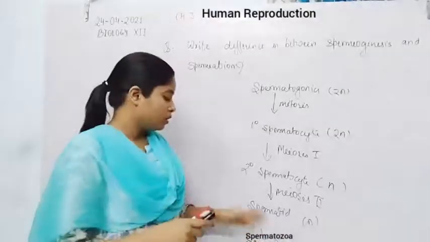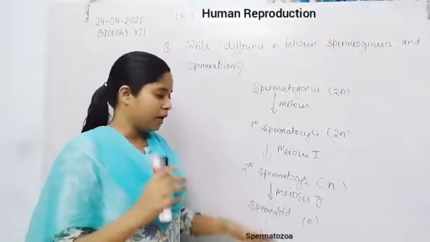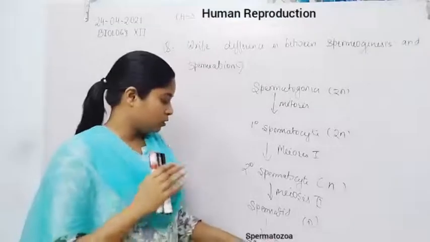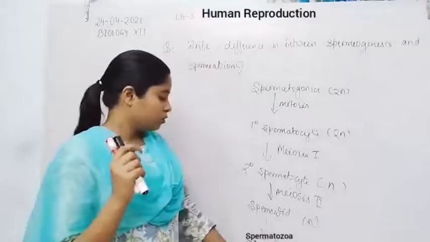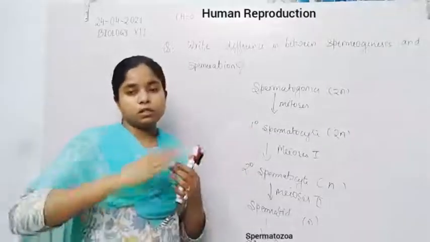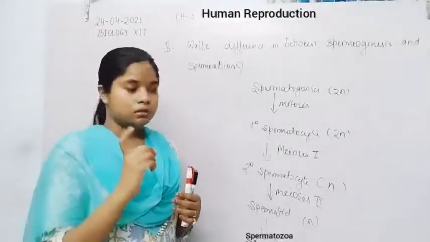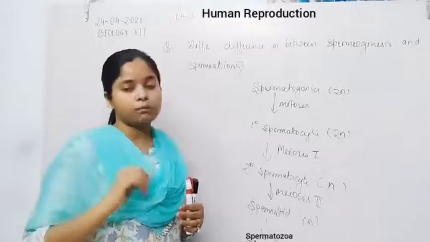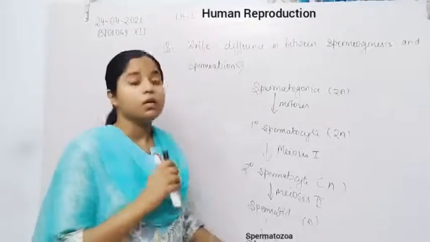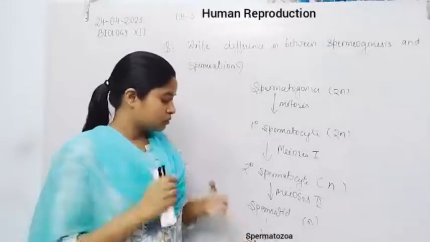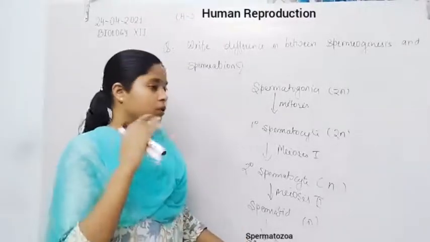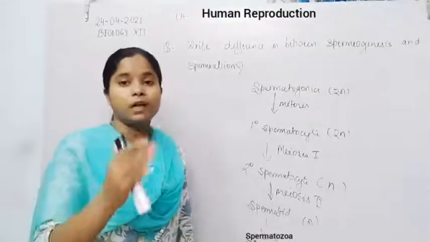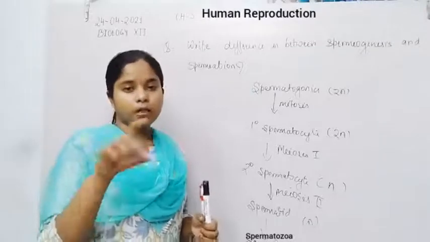But the spermatozoa have to be transferred into the vagina of the female, and there is some distance between the vaginal region and the ampulla region, so there is a need for swimming. When they swim, they reach the site of fertilization, because the ovum is present at the ampullary region.